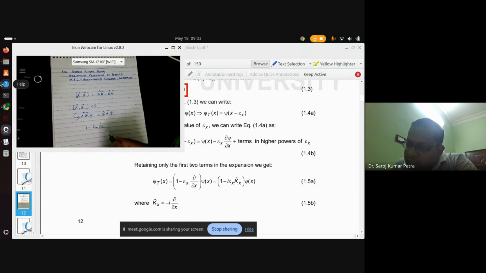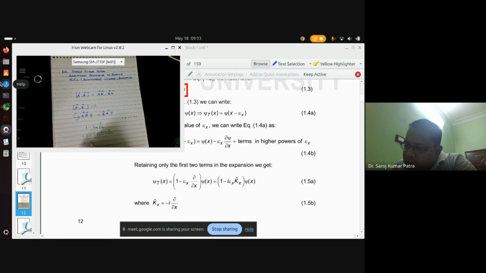This one I can write simply as 1 minus, multiplying by i epsilon x, then another minus i into minus i, is equal to minus i squared, which is equal to 1. So 1 minus i del psi by del x.